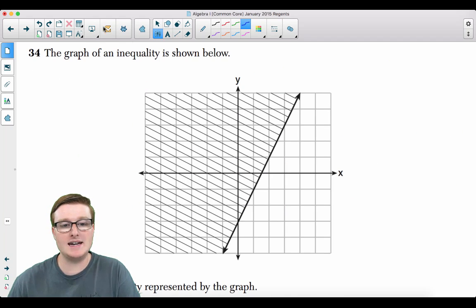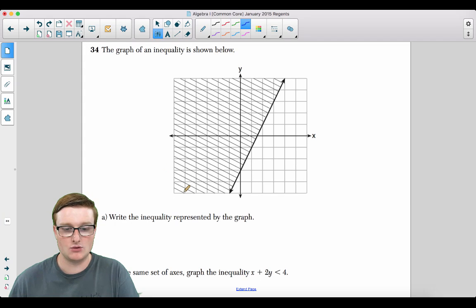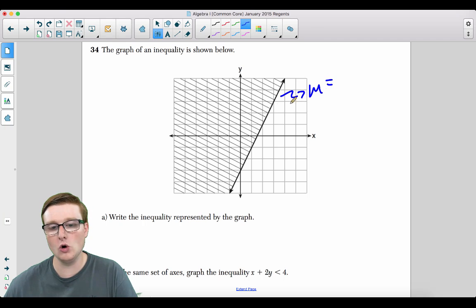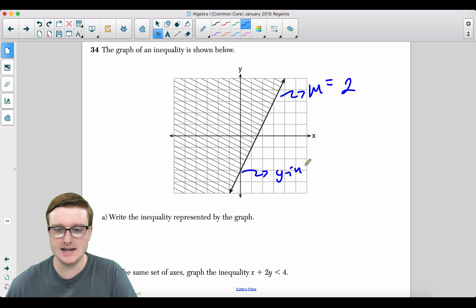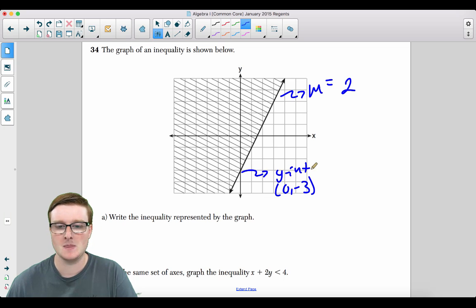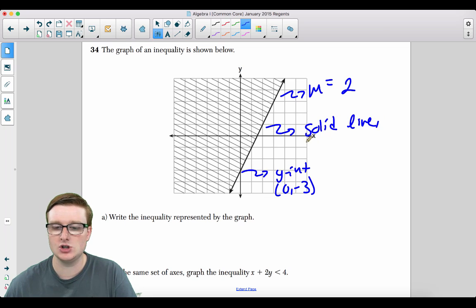34. The graph of an inequality is shown below. Write the inequality represented by the graph. So first and foremost, we have to analyze this. The slope looks like it's going up 2 to the right 1, so the slope is 2. Your y-intercept is (0, -3). And it is a solid line shaded above.